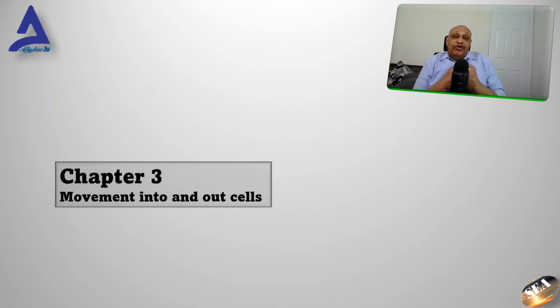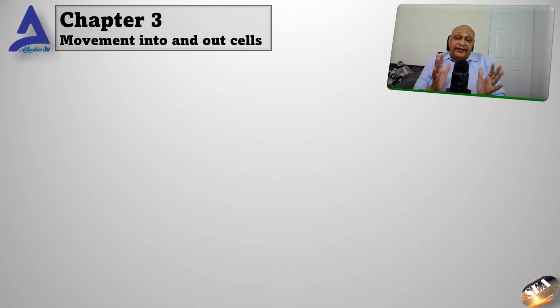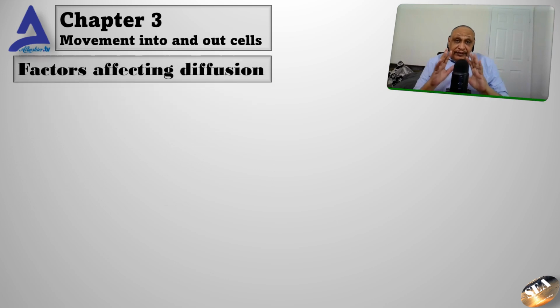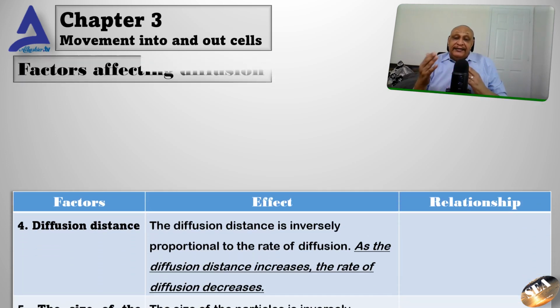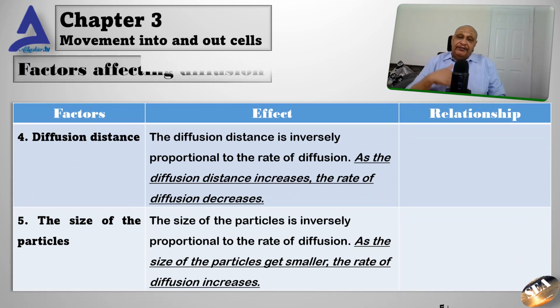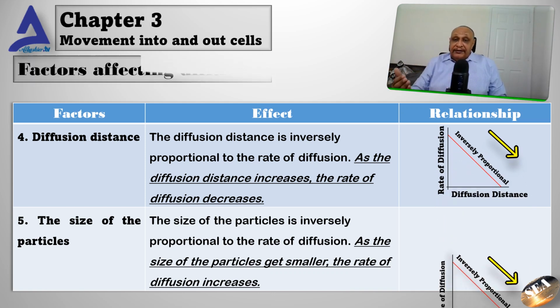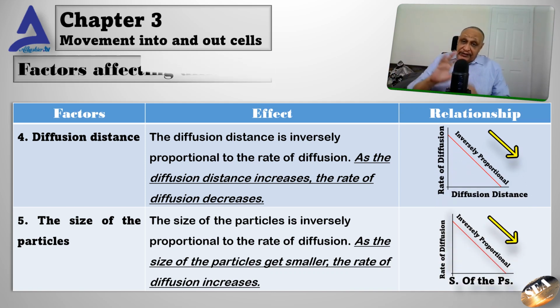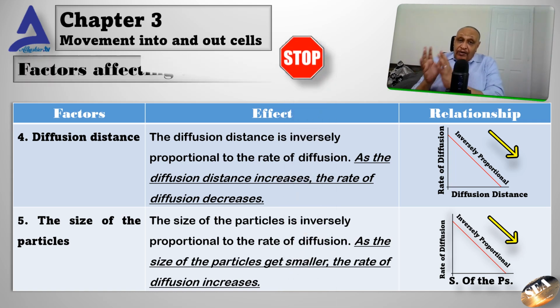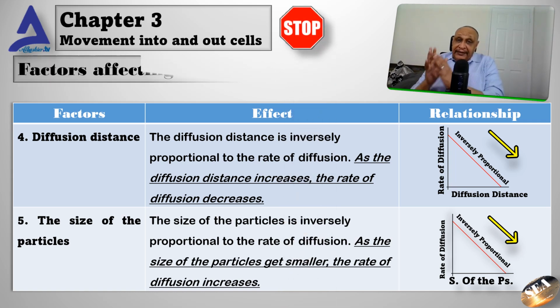Now I want all of you to pay attention to the plot, because what we have so far is always a positive relationship. That means if you increase, I am going to increase. If you decrease, I'm going to decrease. This is the way in the first three factors. But those two factors are inversely proportional.